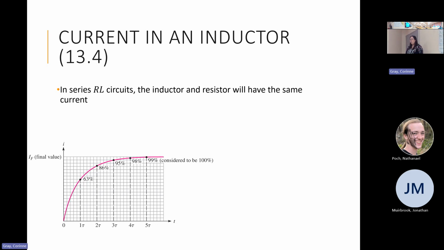If we look here once again, we see that we are measuring our time in taus. So we have 1, 2, 3, 4, 5 taus. At 5 tau, 5 time constants later, we are said to be at 100%. It's close enough. So we're going to be seeing 5 tau represented as a long period of time for that particular circuit.